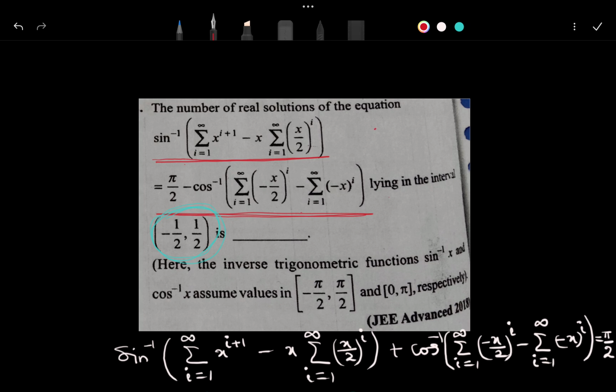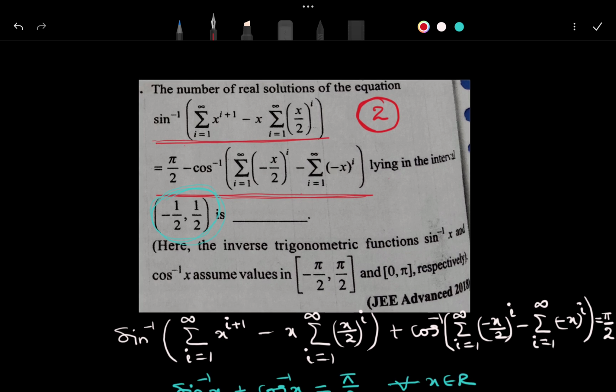So the number of real solutions is 2. This is a previous year advanced question, 2018. This is a very important model related to the fundamentals.